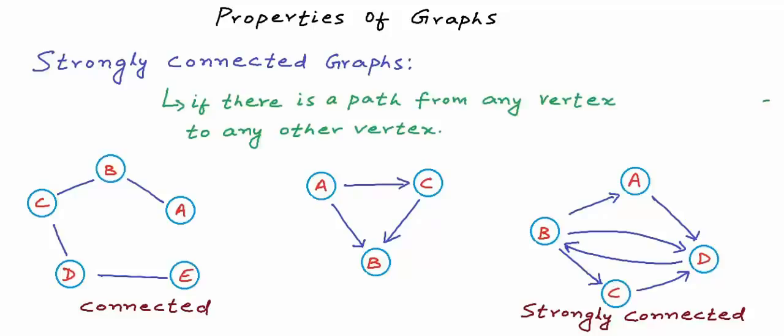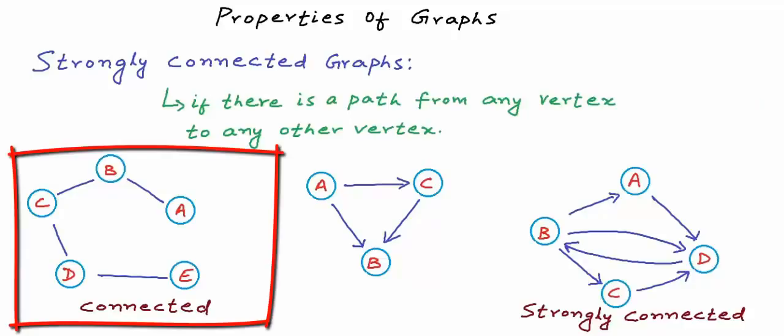If a directed graph is not strongly connected, but can be turned into connected graph by treating all edges as undirected, then such a directed graph is called weakly connected. If we just ignore the directions of the edges here, this is connected. But I would recommend that you just remember connected and strongly connected. This leftmost undirected graph is connected. I removed one of the edges and now this is not connected.